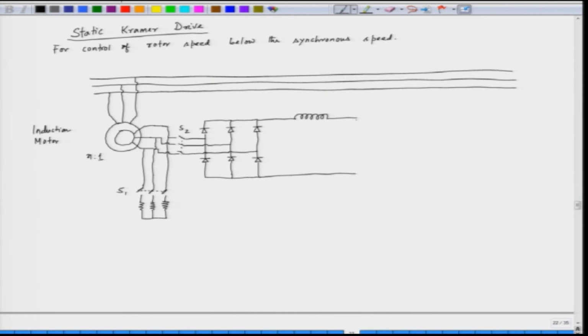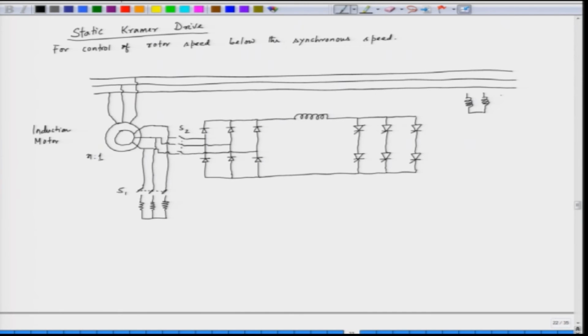and then we have the SCR bridge. We have a 3 phase SCR bridge here, which is connected to the DC link. The output of this SCR bridge is connected to a transformer.